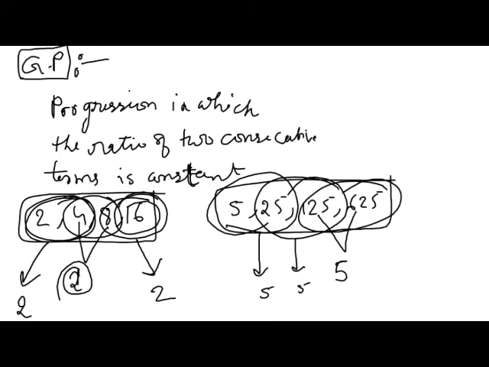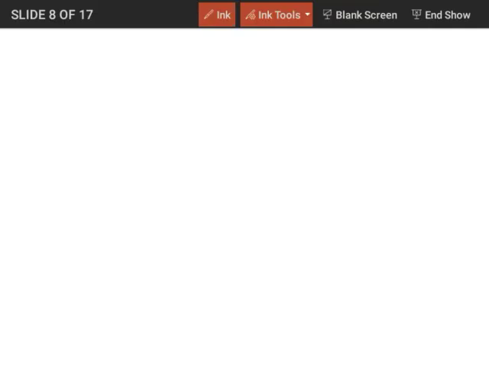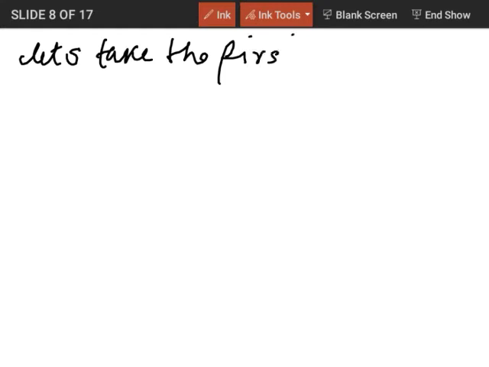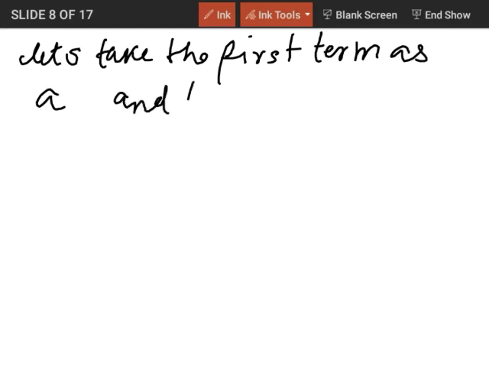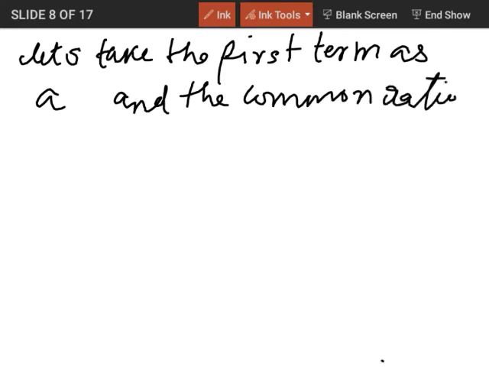What is GP? So now again we will follow the sequence of arithmetic progression. Now we are going to find the general term. So let's take the first term as a, and the common ratio r.